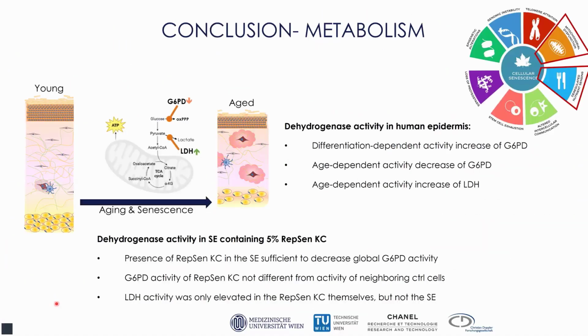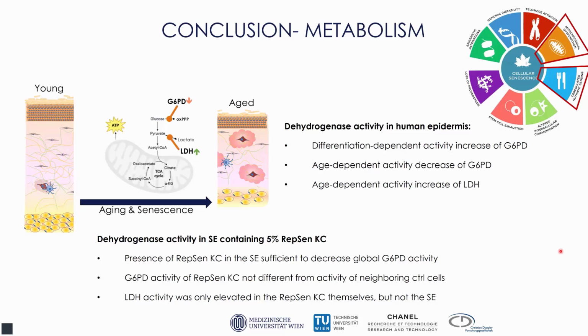And with this, I want to summarize our metabolic findings. So in the human epidermis, we saw a differentiation-dependent increase of G6PD activity and an age-dependent decrease, while we saw an age-dependent increase of lactate dehydrogenase activity.